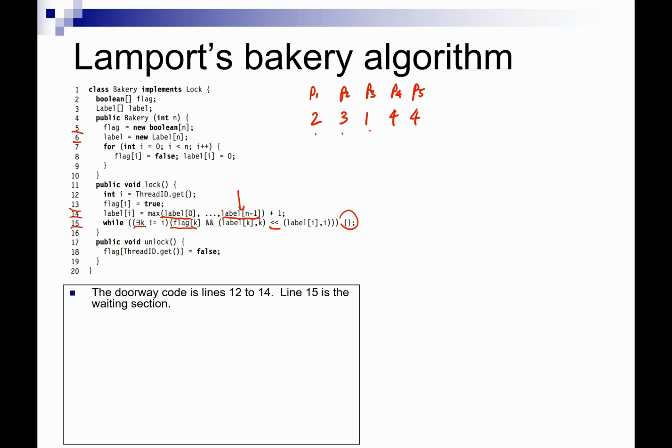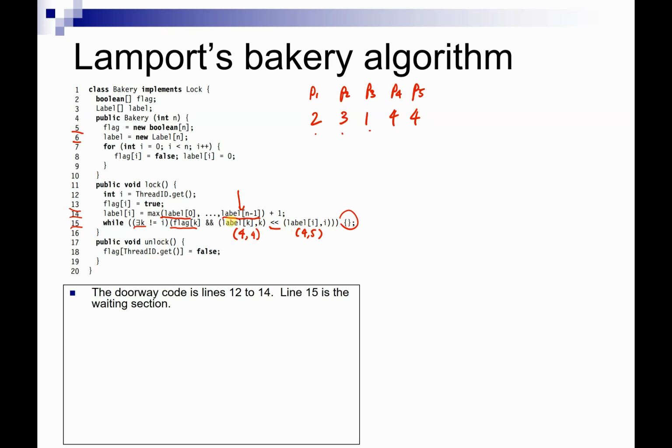The way we deal with this is that we're not just going to compare the labels, the numbers. We're going to compare a pair consisting of both the label and the process ID. So for example, if k is 4, then the label here is going to be (4, 4): its label is 4 and its process ID is 4. Whereas for process 5, his label is going to be (4, 5), because his label is 4 but his process ID is 5.